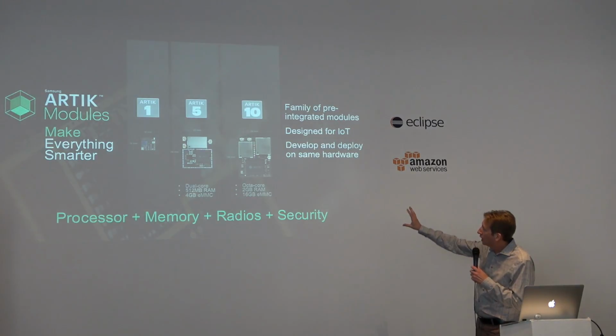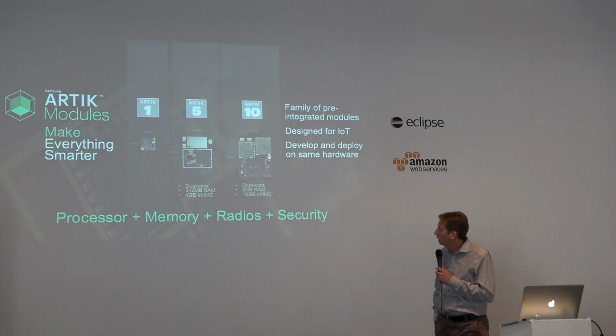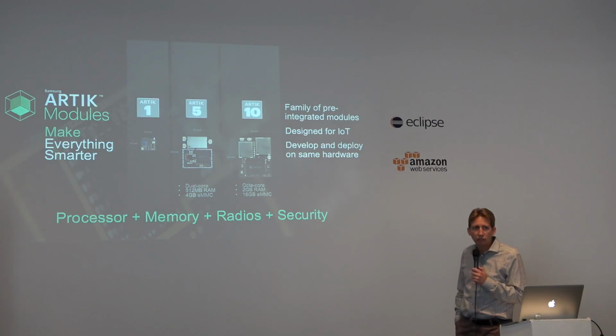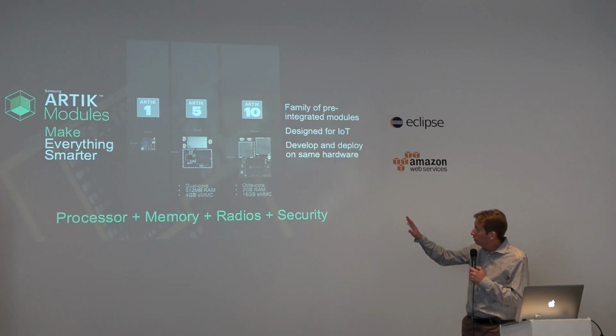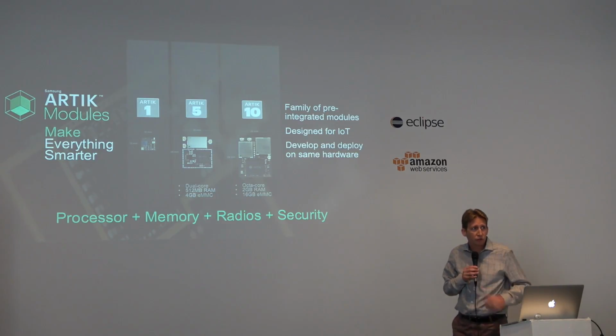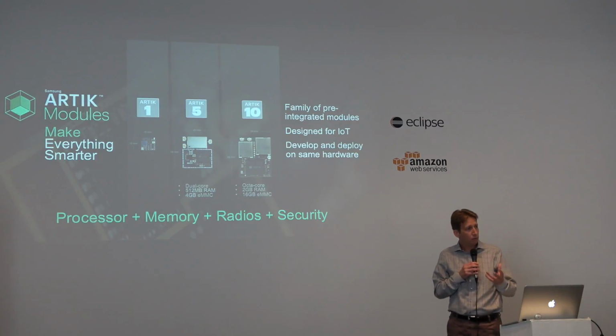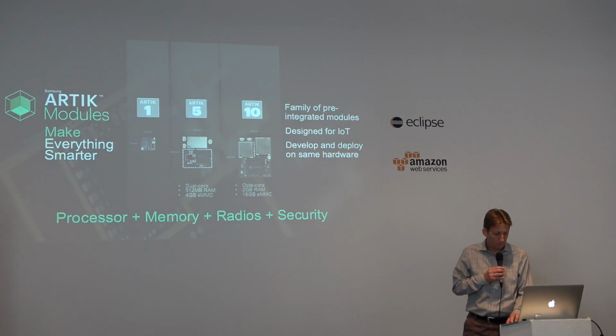On our high end we have the ARTIK 10, which has 2 gig of RAM. It's an octa-core chip based on the Samsung phones, and it has 16 gig of storage. The 5 and the 10 are great modules for constructing, say, a gateway to run perhaps Kura.